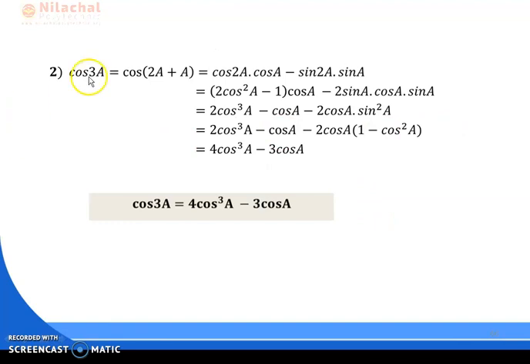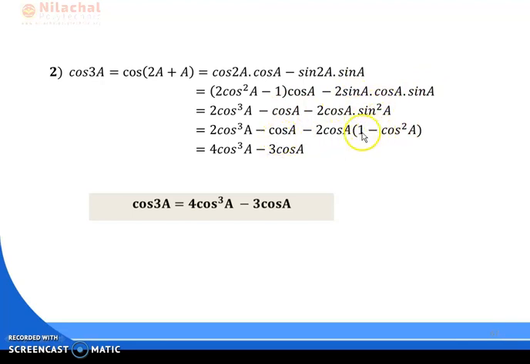Cos 3a. How do we find the cos 3a formula? Cos of 2a plus a. We know the cos a plus b formula, where a is 2a and b is a. So, what is the cos a plus b formula? Cos a into cos b minus sin a into sin b. We know that for the cos 2a formula, there are 4 formulas. We took the first formula, 2 cos square a minus 1, and instead of sin 2a, 2 sin a into cos a. So, what do we get now? 2 cos cube a minus cos a minus 2 cos a into sin square a.